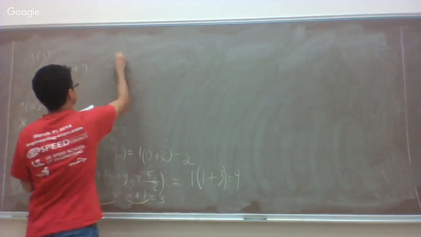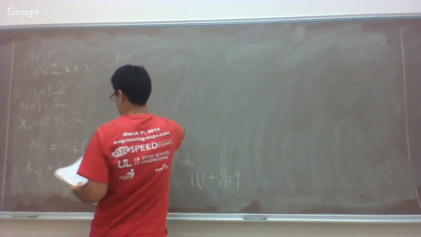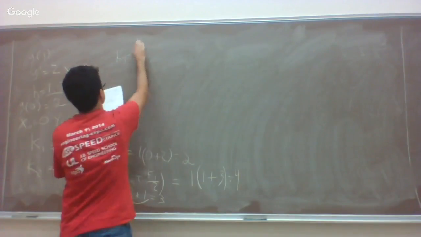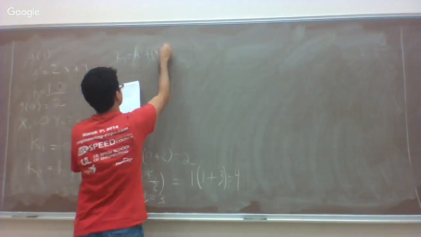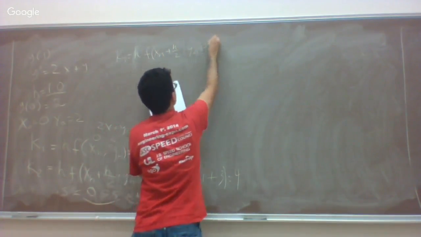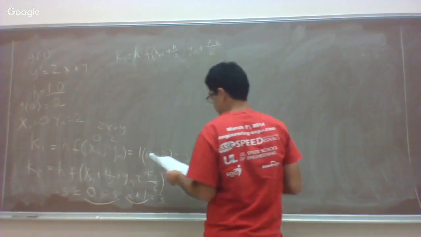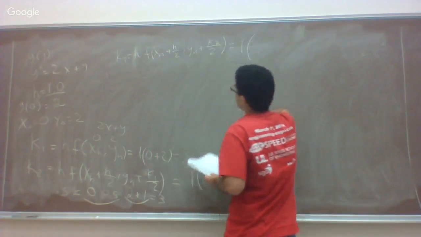K3 is equal to h times the function of x sub n plus h over 2, comma y sub n plus this time k2 over 2. So my h is a 1.